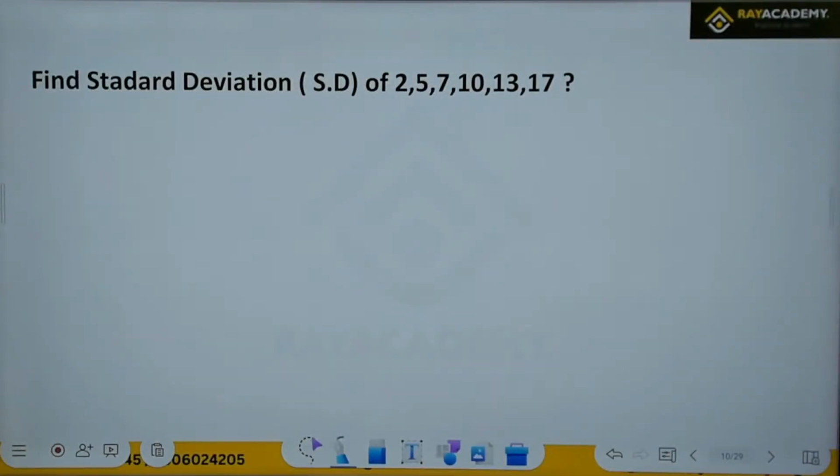Find the standard deviation of 2, 5, 7, 10, 13, 17.